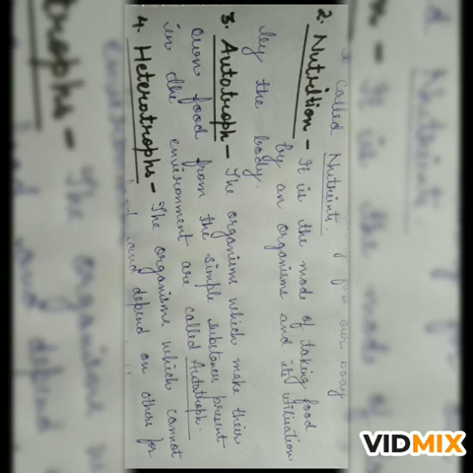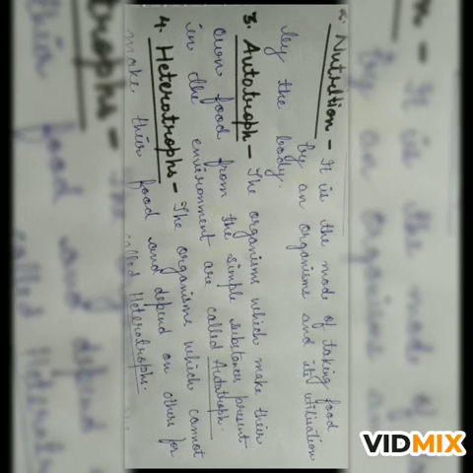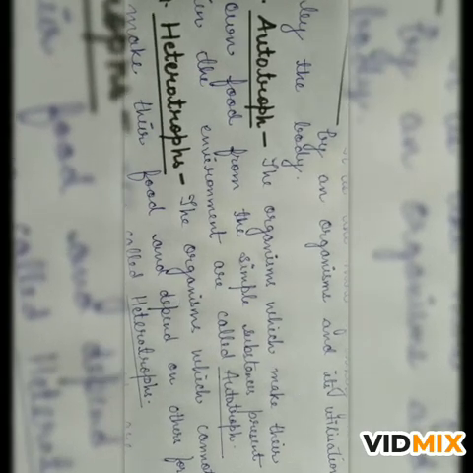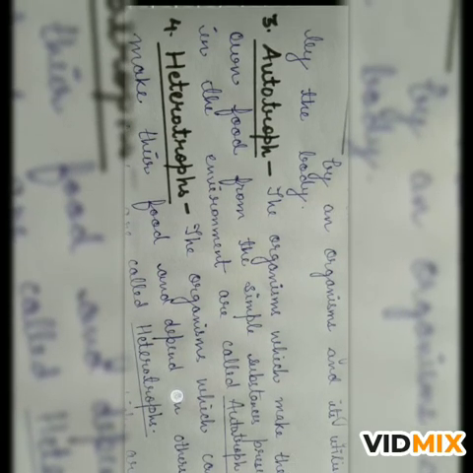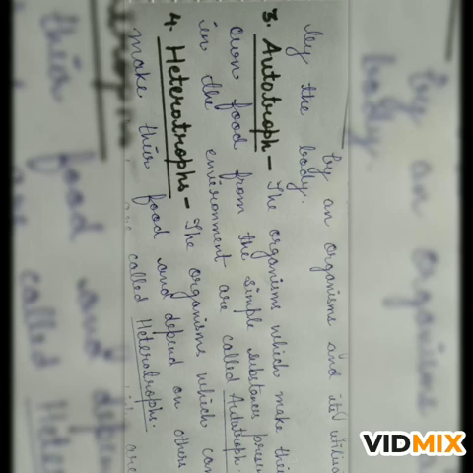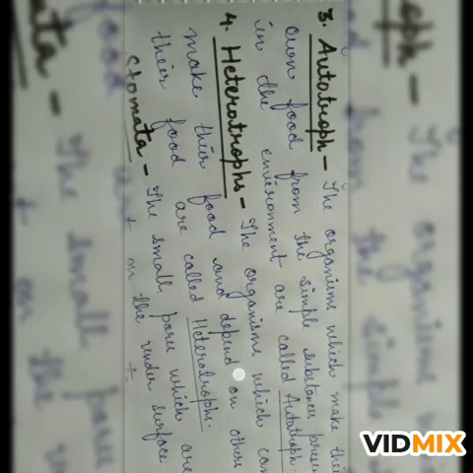Now moving to the third one, that is autotrophs. The organisms which make their own food from the simple substances present in the environment are called autotrophs. Children, auto means making by own, means they are not dependent on others. They are making their food by themselves. For example, plants. Now moving on to the fourth one, that is heterotroph.